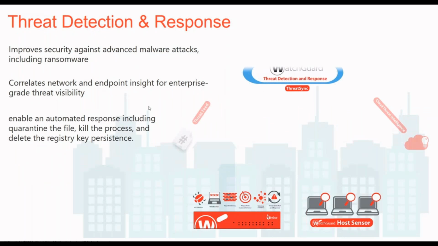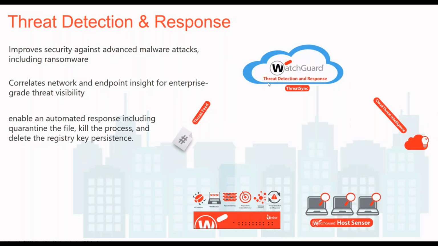The next one that I want to talk about here is threat detection and response. So far, we talked about the gateway security, which is your firewall. This one is on the end user side. Mainly there is something called a host sensor that you install on the end user devices.